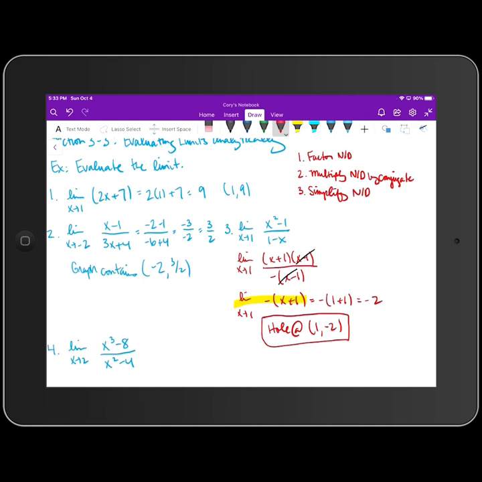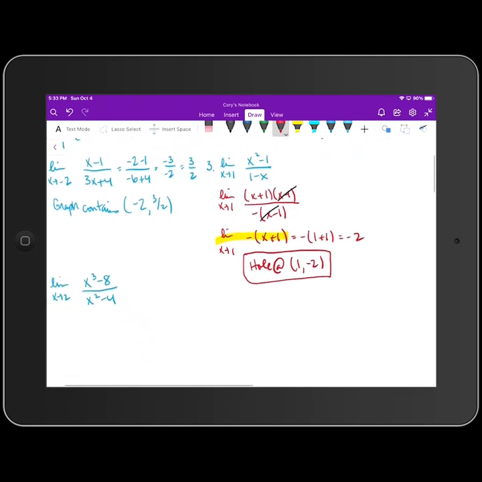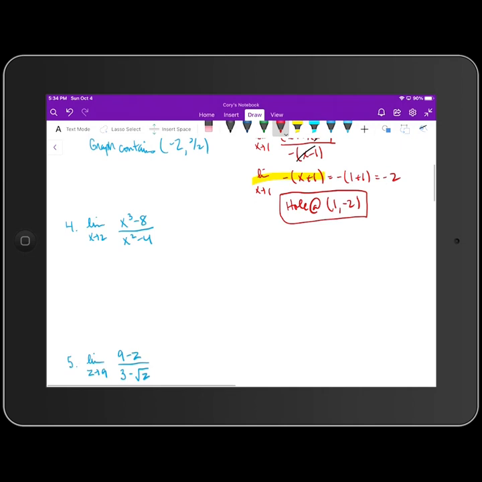Okay, let's take a look at number 4. We have the limit as x approaches 2 of x cubed minus 8 over x squared minus 4. Again, we want to use direct substitution first to see if it gives us a valid output.